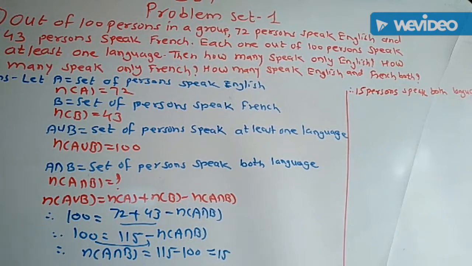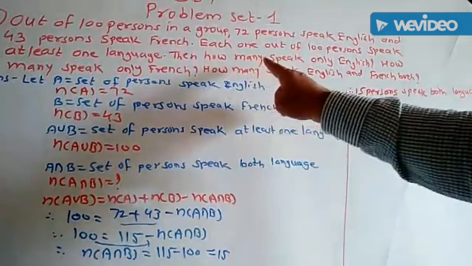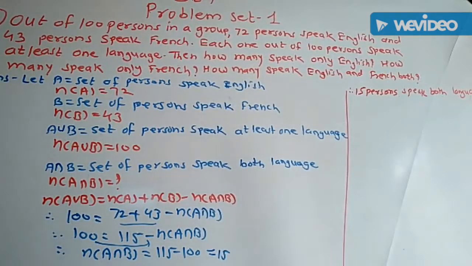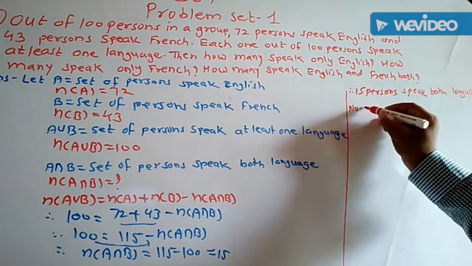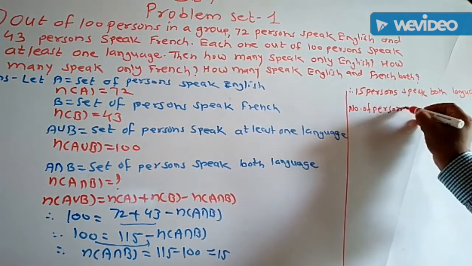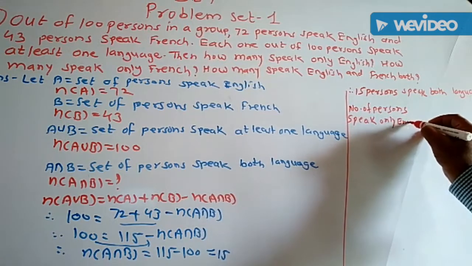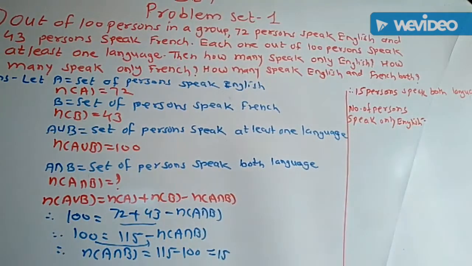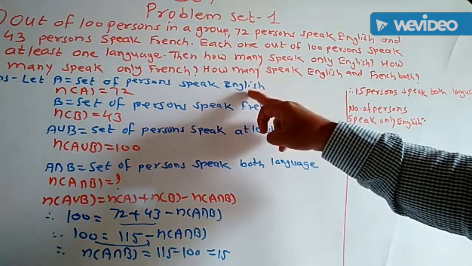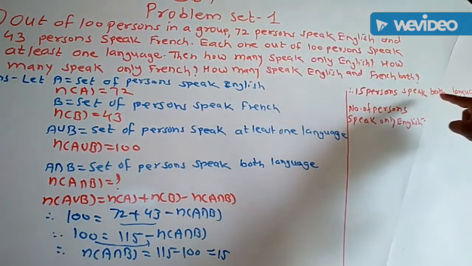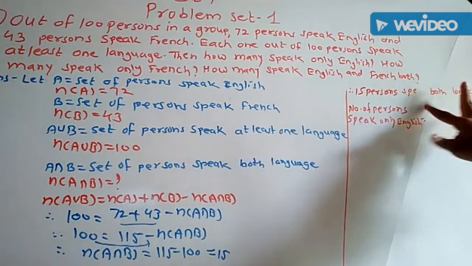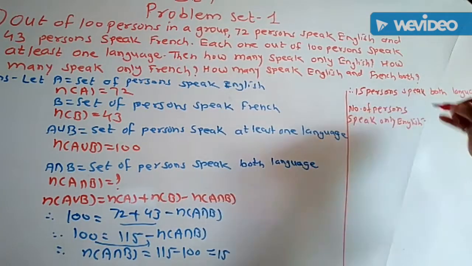Then we have to find the number of persons who speak only English. That means how do we find it? A is the set of persons who speak English, and we have to find the number of persons who speak only English. How do we find it? The number of persons who speak English minus the number of persons who speak both languages, both meaning English and French.